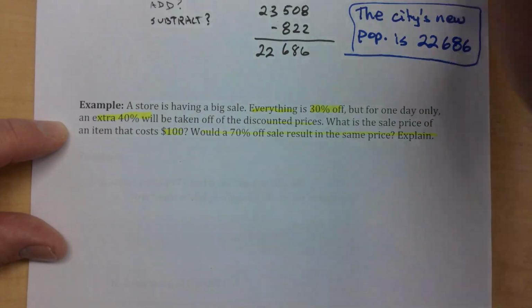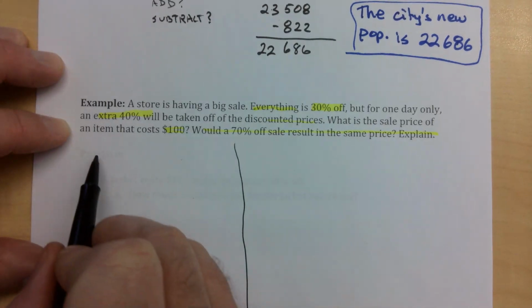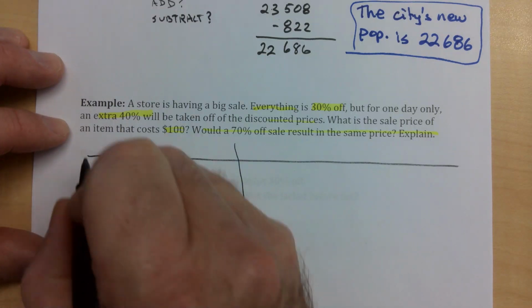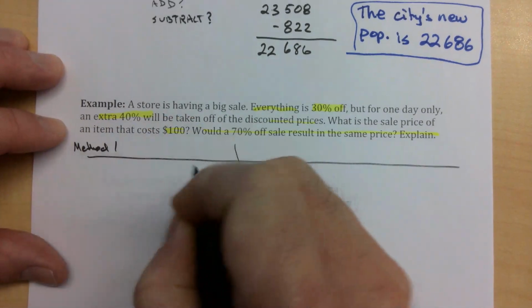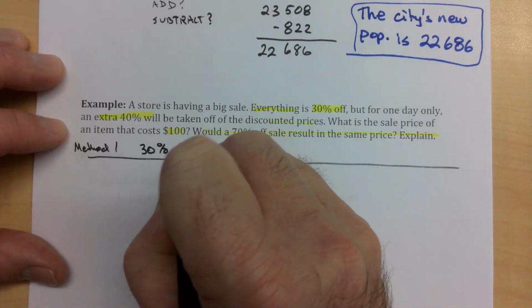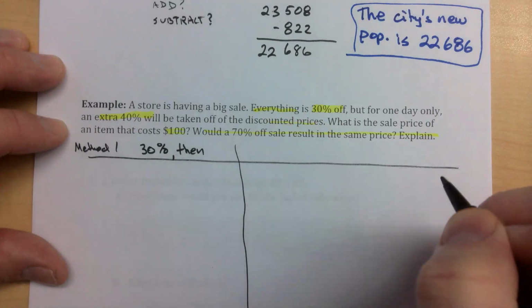Well, we covered this in class, but let me go through it again. I'm not going to spend a huge amount of time on it because we did go through it, but let's just see what this looks like. We're going to compare. So method 1: we're going to take off 30%, like in steps, then we'll take another 40% off.